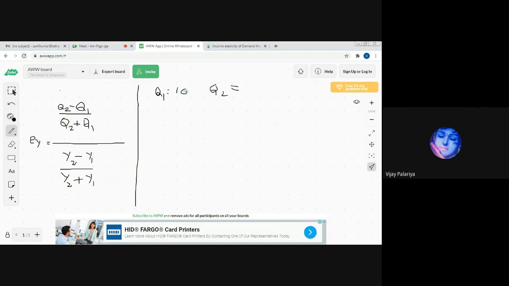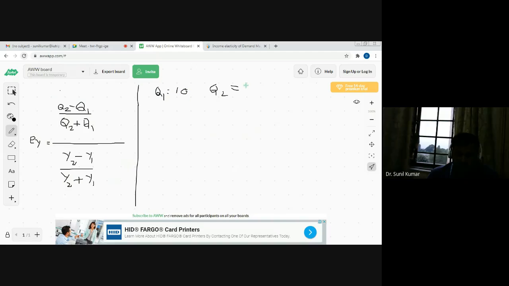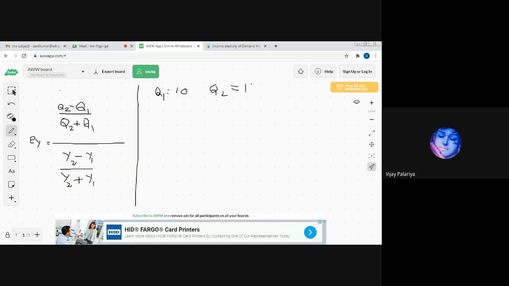That is 10 kg. And what is Q2? 12. So what is the Y1? 1000.